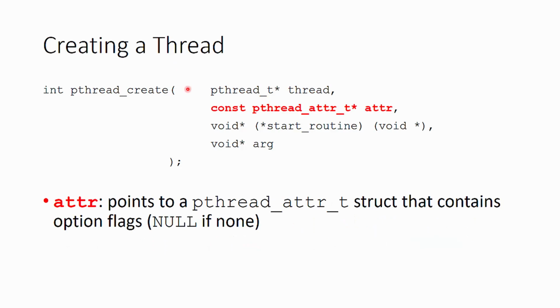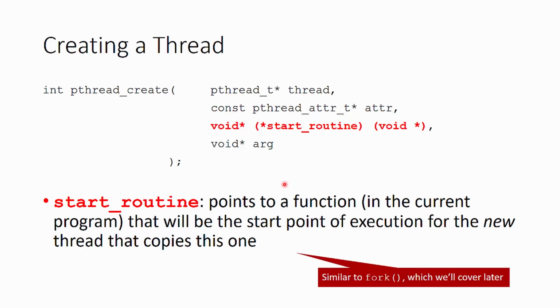The attribute argument points to this particular struct type that contains option flags if you have any, and normally we don't. This is a very important argument. This is the start routine. It's a function pointer which points to the function that is going to be the starting place for the new thread.